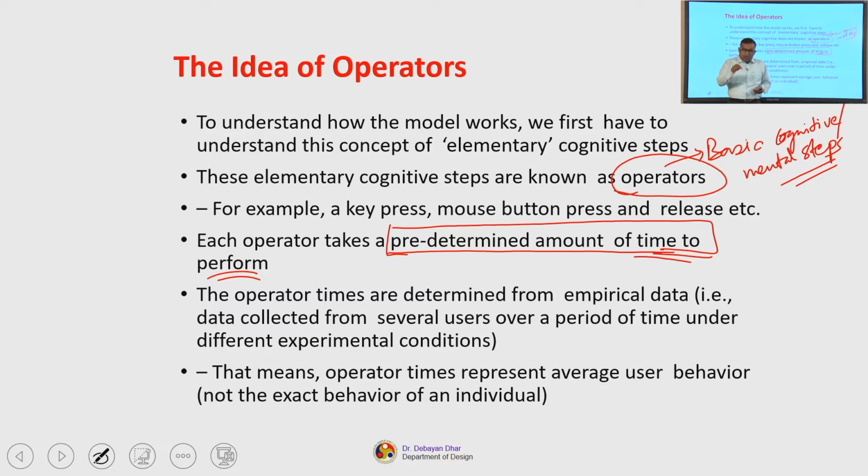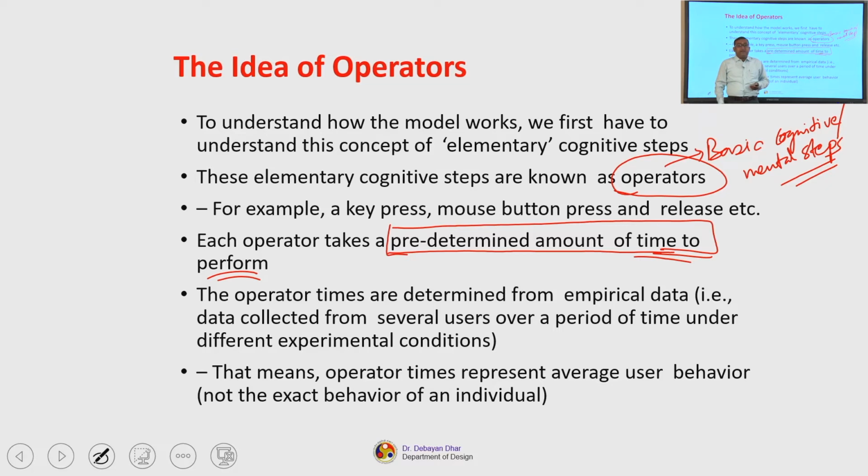That means, how much time is required to press a key, how much time is required to release the key, how much time is required to move a cursor from point A to point B. It is an average thing, okay. And all this data has been empirically studied and gathered over many years, and a threshold value has been defined.